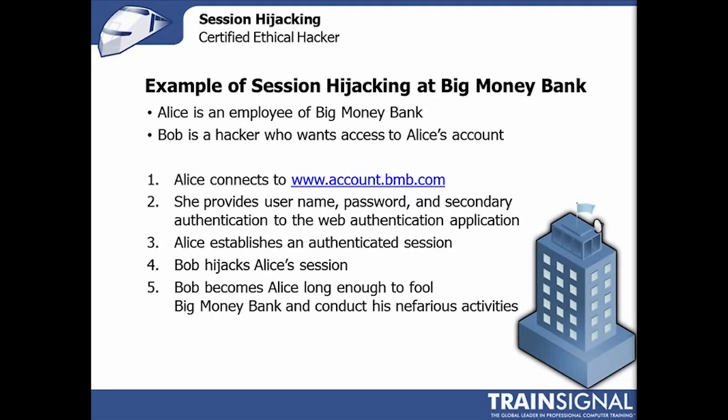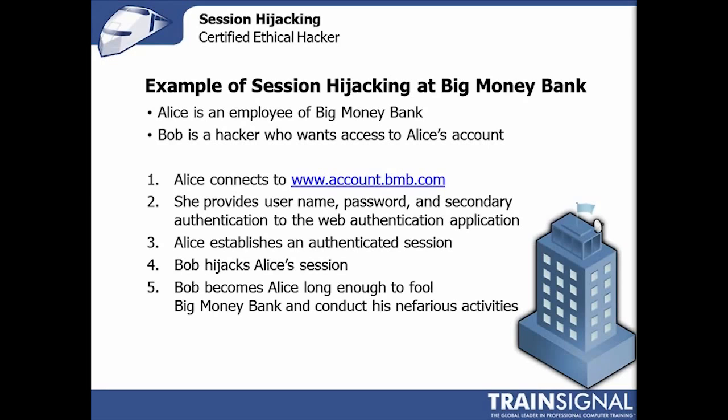Going apart from the tools for a moment, essentially what happens is Alice connects up to this web client using her browser, connects up and authenticates, provides login name, password, whatever she's going to provide, possibly smart card credential, possibly a secure ID or a one-time pad token, something like that.